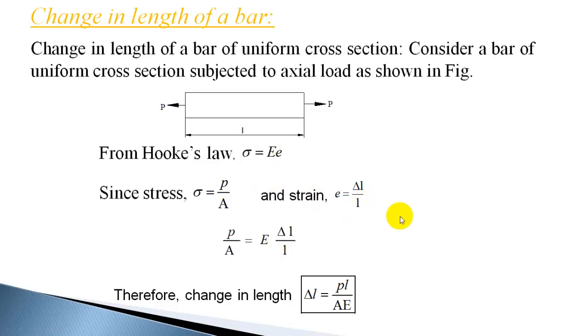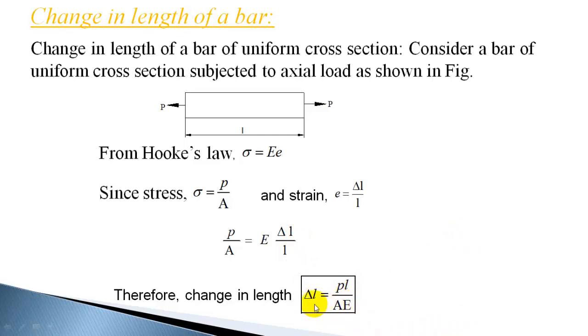So once you get the stress and strain, you can find out the deformation by substituting. You substitute stress as P by A and strain as delta L by L. So substituting in that formula, you get P by A is equal to E into delta L by L, and rearranging this equation, you get delta L is equal to PL by AE.